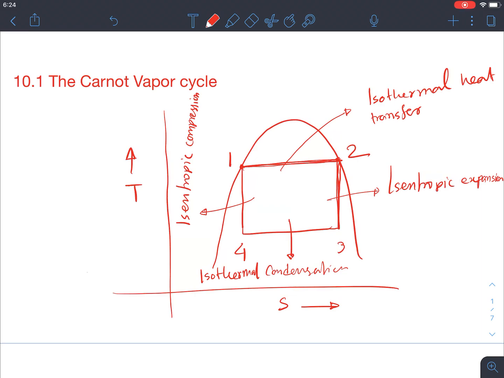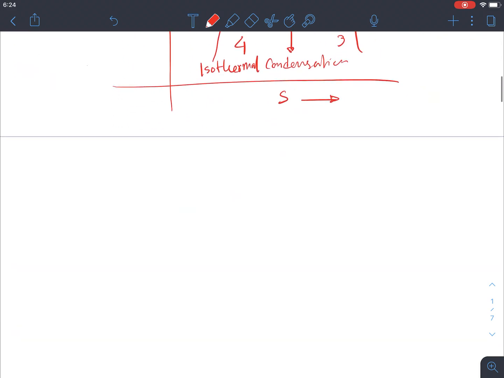And another last challenge would be the isentropic compression, 4 to 1. So 4 to 1 is also a challenging process. It's because, first of all, the compressor cannot handle a two-phase working fluid, or liquid working fluid; it can only handle gas. So that's a big challenge, right?